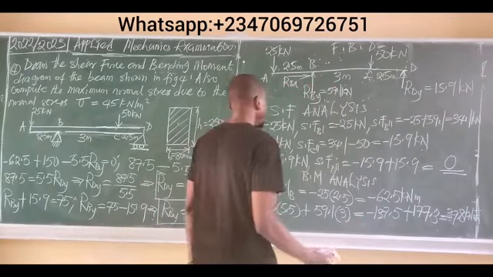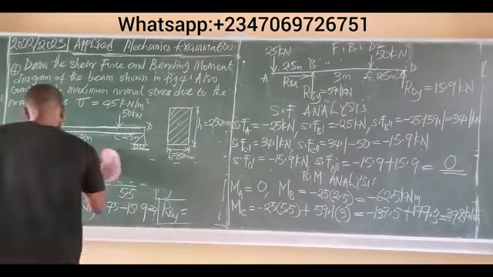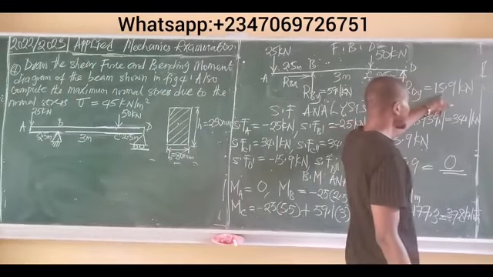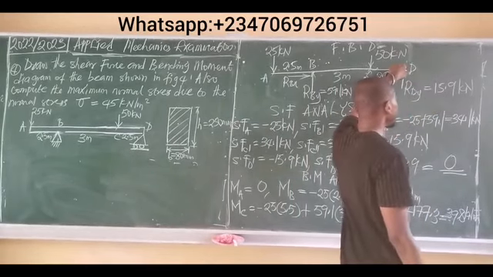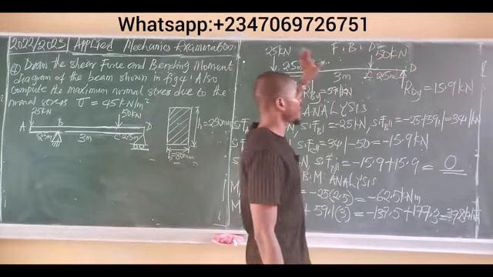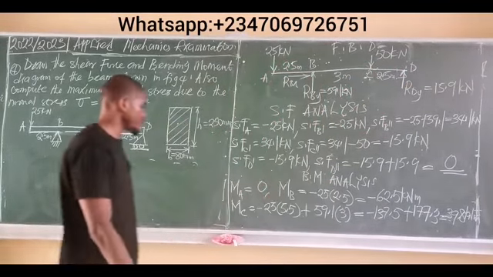Finally, we find the moment at point D. As usual, the moment of this force 15.9 at point D automatically becomes 0. So we simply consider the moment of all the forces behind to take moment at point D, starting from the 25 kilonewtons force.